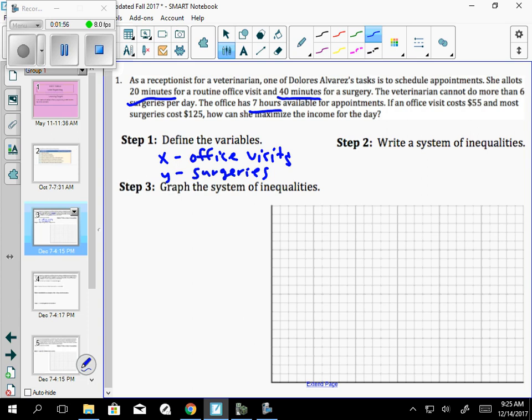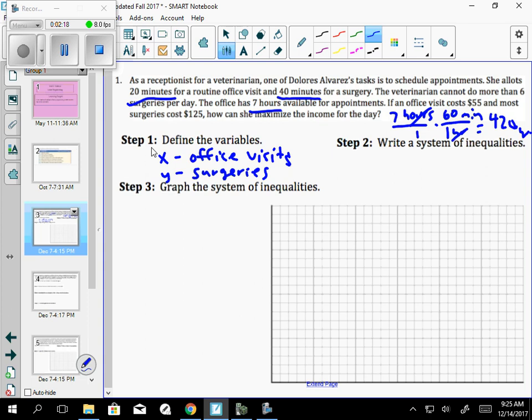Now, the problem is the first two are minutes, the last one is an hour. So one thing we got to do here is a little converting. Let's turn hours into minutes. So if we got 7 hours, we know in 1 hour there's 60 minutes. So multiplying here, that's going to be the same as 420 minutes.